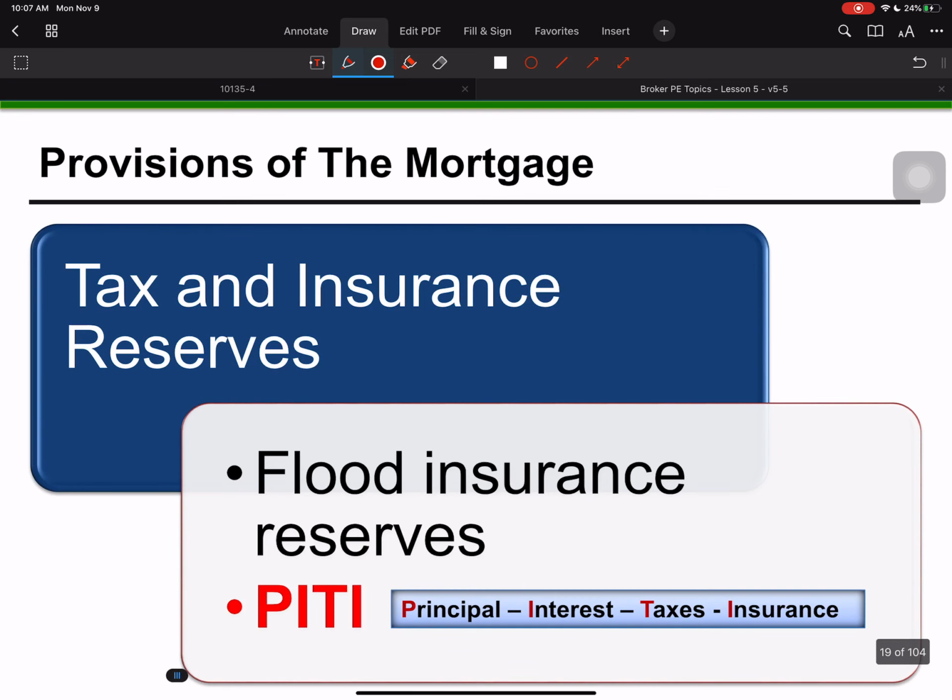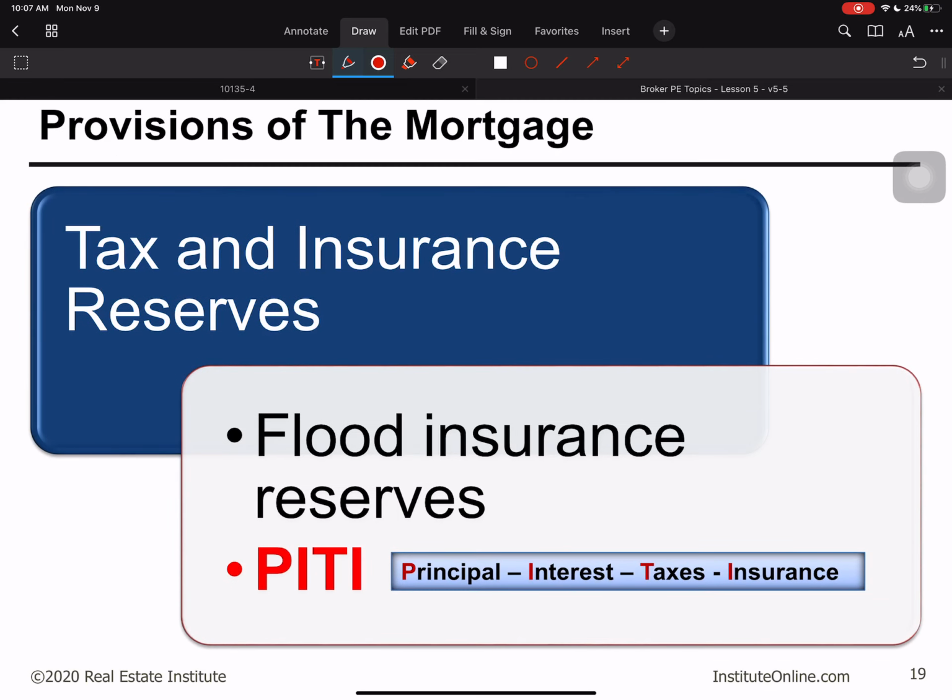Taxes and insurance. In Illinois, the lender may require borrowers to provide reserve funds called an impound trust or an escrow account to meet future real estate taxes. So basically, the escrow account, let's say this is our little pot of gold, or their little bank account.